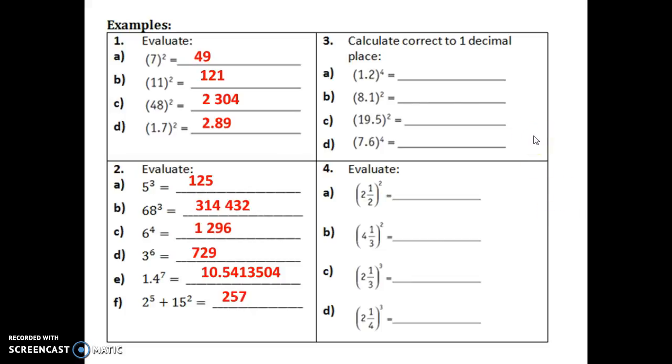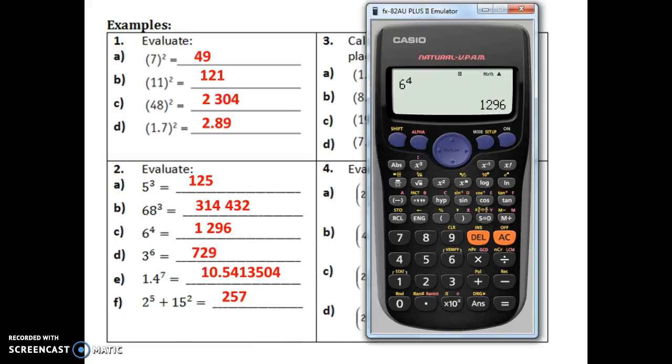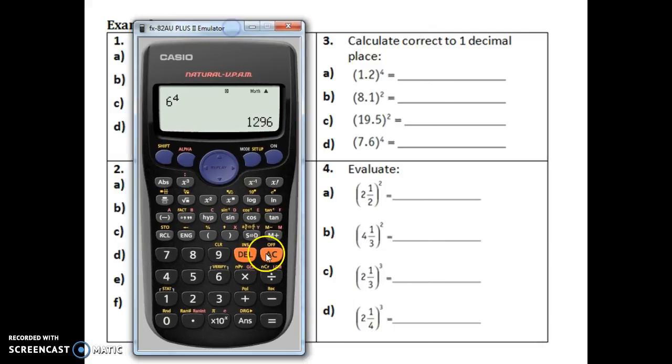Now, question 3, you have to make sure your answers are rounded off correctly when you're pressing them in. So if I was doing 1.2 to the power of 4, equals, great big long set of digits after the decimal point, but we only want 1.